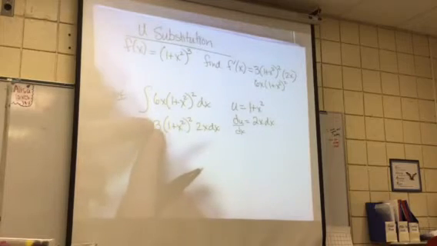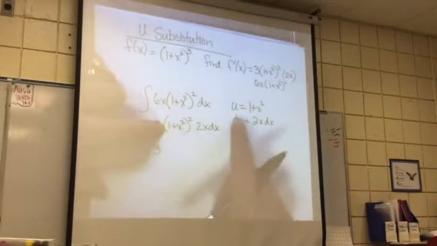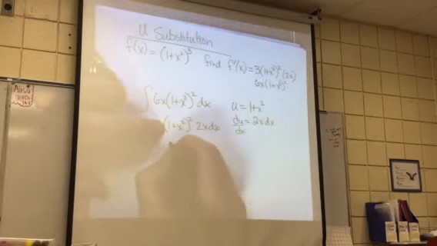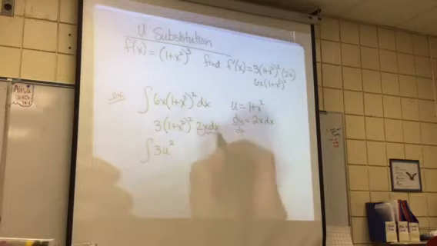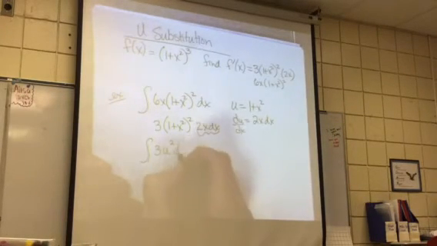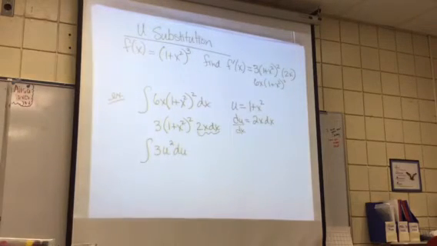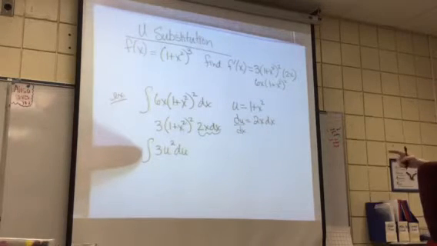The 3 stays here. What am I going to change this 1 plus x squared to be? u. So then this is u squared. And then what does all of this turn out to be? Just u prime. We just use du here instead of u prime, so it matches our integration notation. Now, isn't this a very simple problem to integrate?